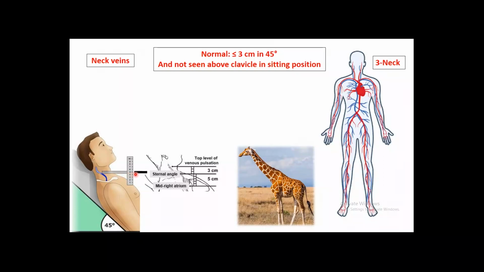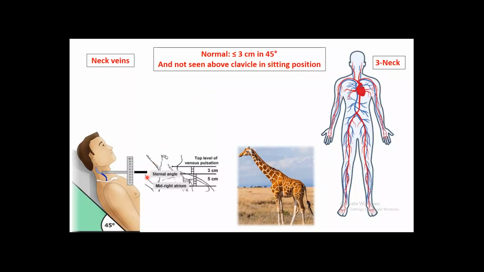Then take the record. If it is more than 3 centimeters, this is, as we said, abnormal. And this is the first thing to comment on regarding jugular venous pressure: is it elevated or not?